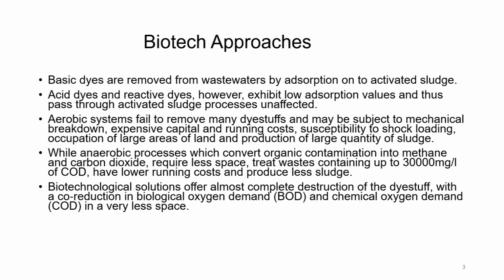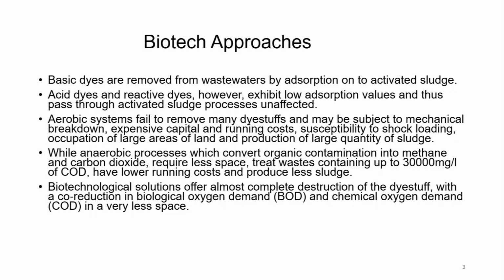So, when one is making aerobic digesters, a lot of space is required, while anaerobic processes, which convert organic contamination into methane and carbon dioxide, require less space. They treat waste containing up to 30,000 milligram per liter of COD, have lower running costs and produce less sludge. So, if we compare the aerobic with the anaerobic system, these are the differences that one witnesses.